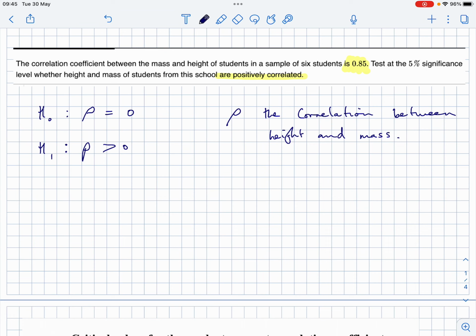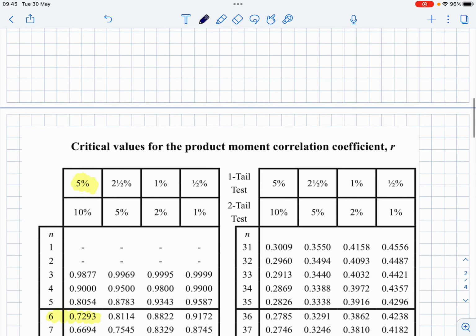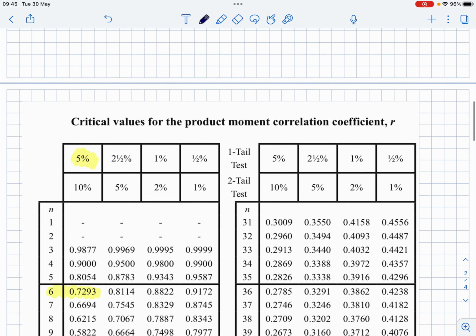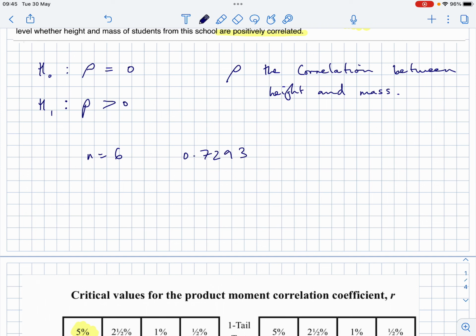Sometimes they even take the specific part of the table and put it next to the question, which is quite nice. So if we've got n equals 6, the value is 0.7293.